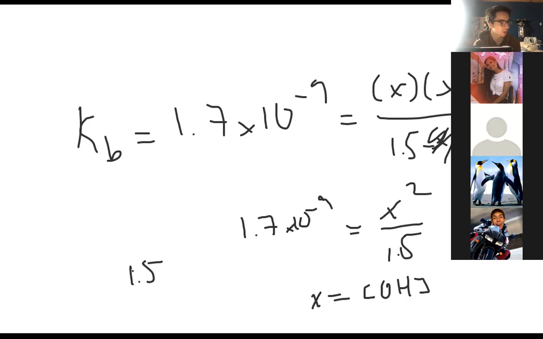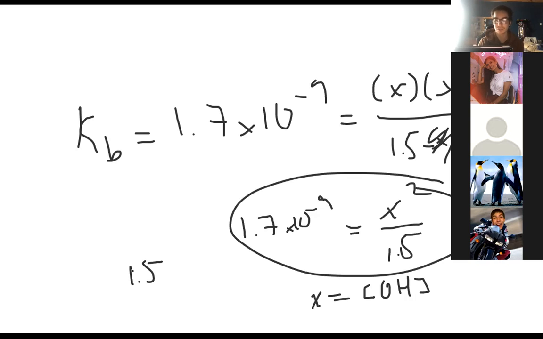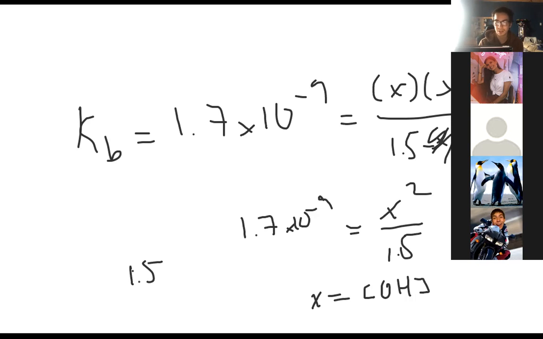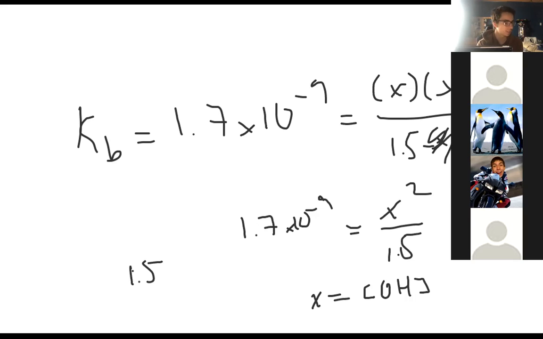So we are using it in this equation right here. We're dividing by that concentration, but the change is going to be minus x. So we are going to use x, but we're also using that initial concentration, if that answers your question.